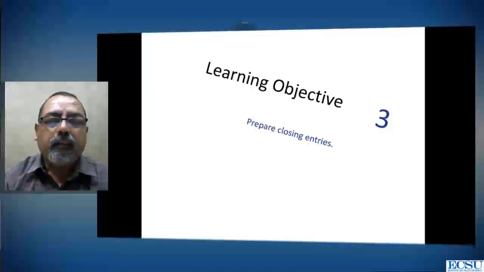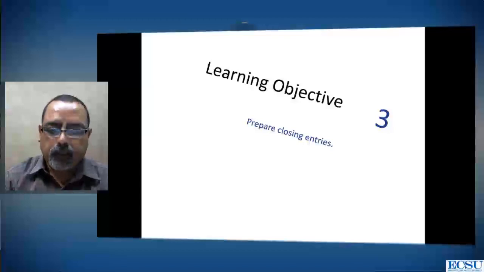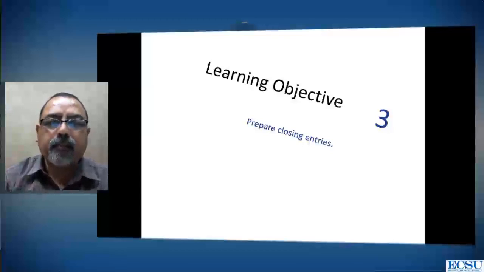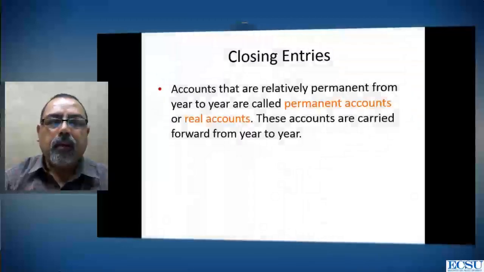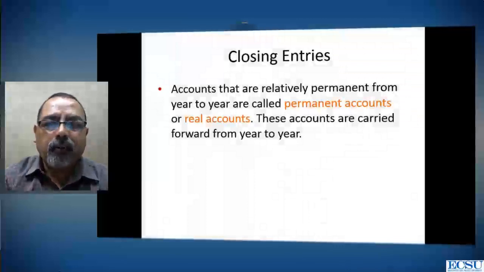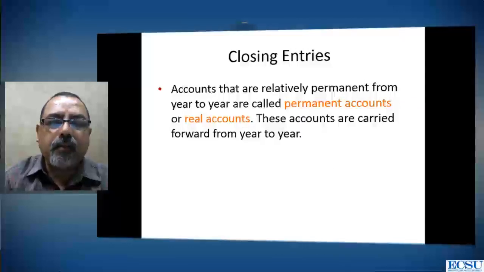And next learning objective is preparing the closing entries. So let me just take this learning objective, and then we'll proceed further in the next presentation. The closing entries: accounts that are relatively permanent from year to year are called permanent accounts or real accounts.